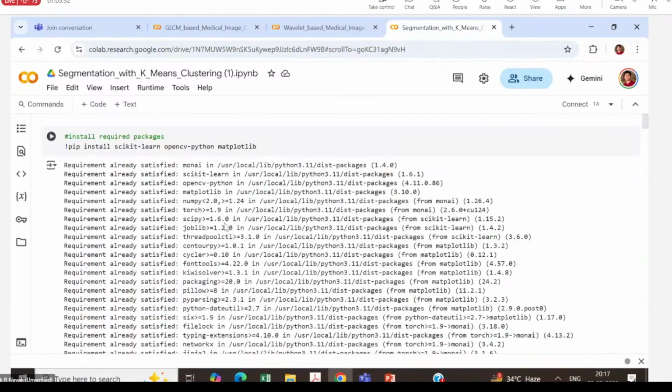So in the output image, what are we expecting? We are expecting to locate the tumors, let's say in brain tumor segmentation. I want to locate the boundaries, I want to locate the tumors. We'll see whether K-means clustering is useful for us or not. It's an unsupervised one and doesn't require any ground truth. We'll talk about it later on.